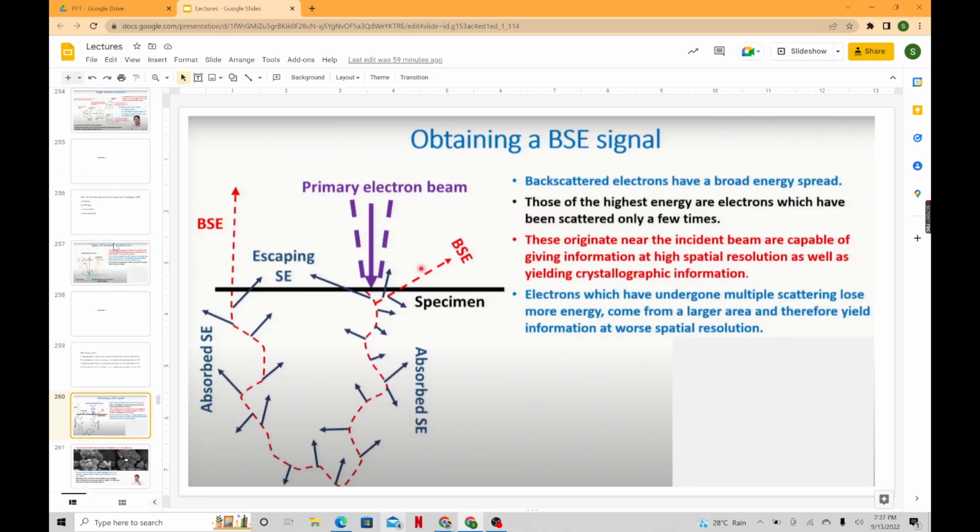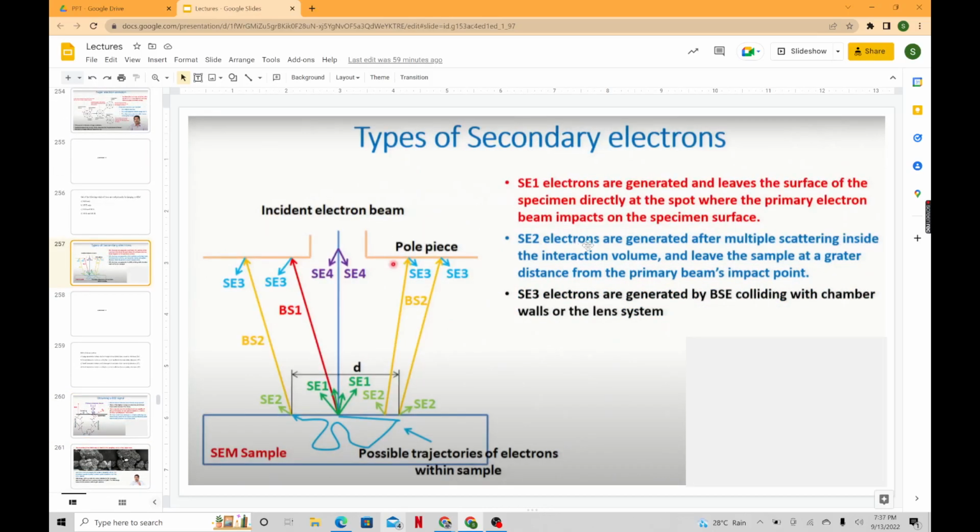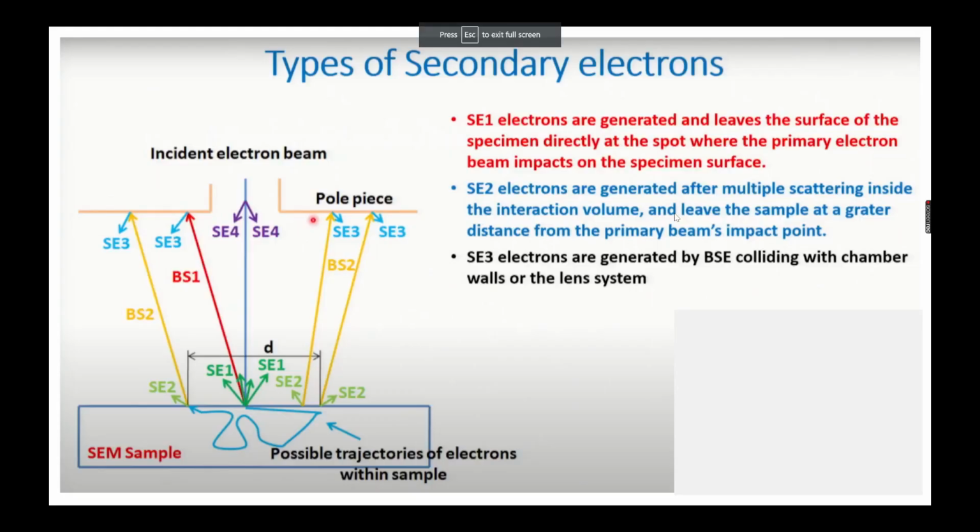No, this is BSE. Okay, yeah, this one. Can you guys see this slide? I explained this in the last lecture. Here SE1 electrons are generated and leave the surface of the specimen directly at the spot where the primary electron beam impacts on the specimen surface. So please keep remembering this.